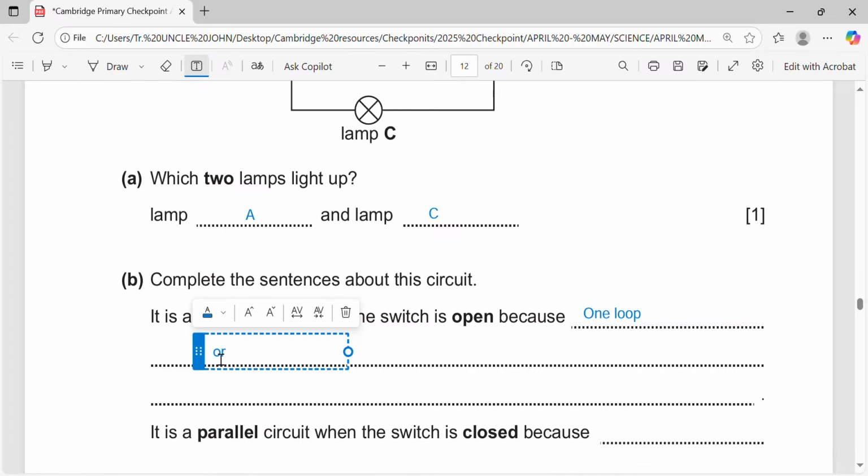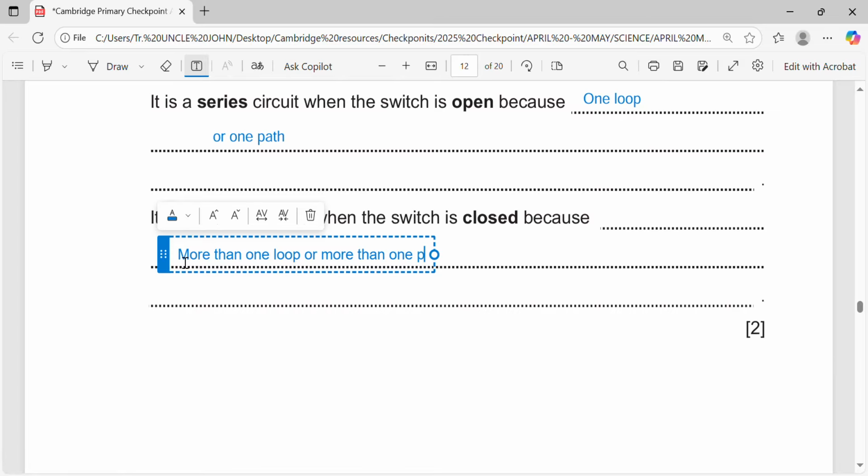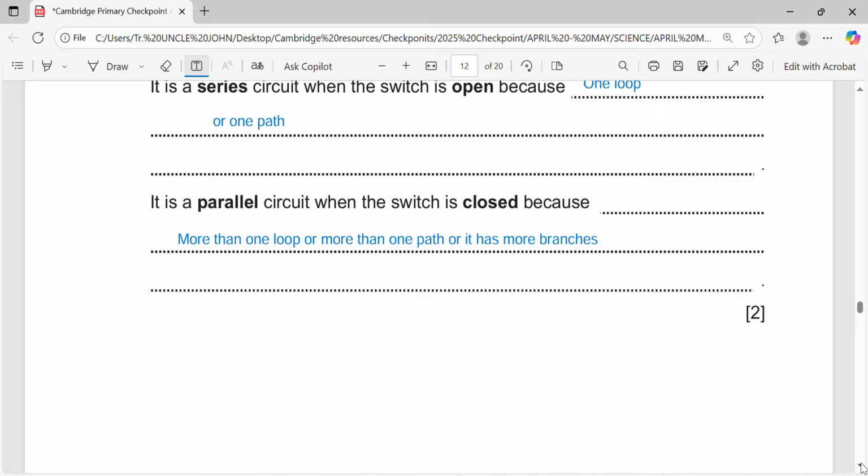It is a parallel circuit when the switch is closed because there is more than one loop, or more than one path, or you can say it has more branches. These are possible answers.